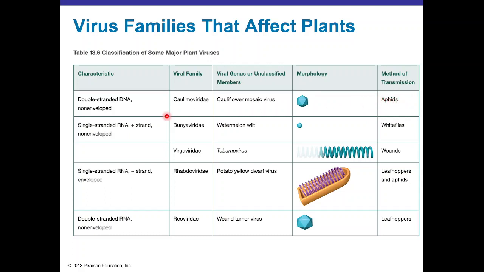And then we can have also single-stranded RNA viruses, plus strand, negative strand, and double-stranded RNA. So we can have basically different types of viruses. And in this case, for single-stranded RNA negative strand enveloped, we have Rhabdoviridae family members like potato yellow dwarf virus, which is basically from the same family as the rhabdoviruses that cause rabies in us.